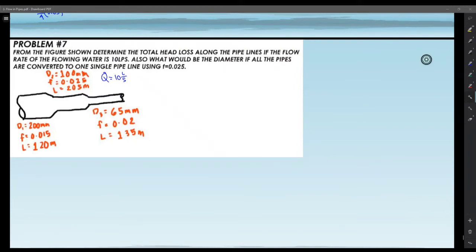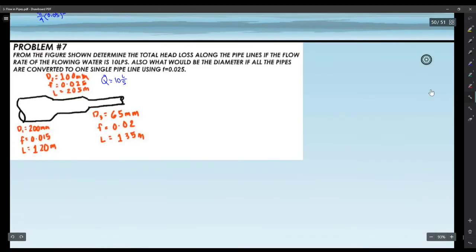Okay, so how do we do that? What equations can we use? By the continuity equation, your total Q, let's say this is section 1, section 2, or pipe 2, this is section 3. The properties are already given there.